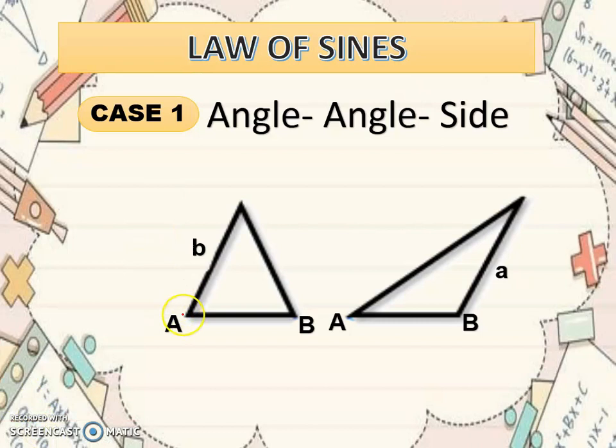As you can see in the problem, the same with an obtuse triangle, given 2 angles and one side opposite to one of these angles, in this kind of given we will use the law of sines.